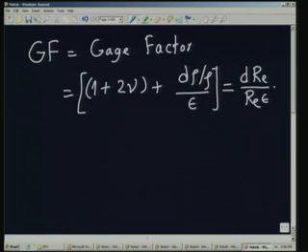This is the ratio we call the gauge factor, and for materials having a Poisson ratio nu equal to 0.5, this will become 2 plus this small quantity which we normally would be ignoring, so it will become equal to 2.